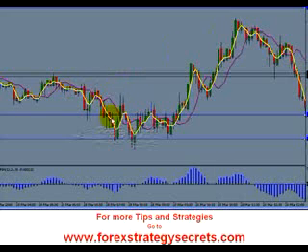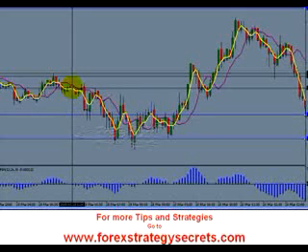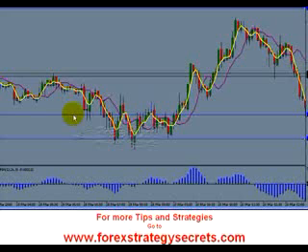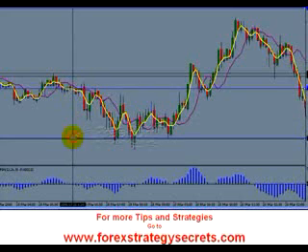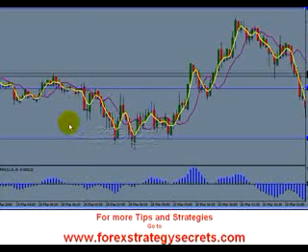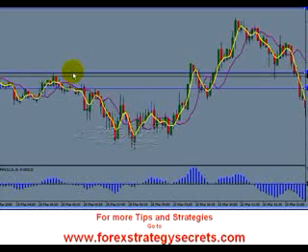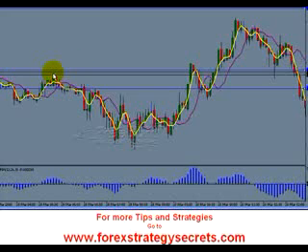Let's take this one. This one's not really a great breakout move, but there are some signals. So the signal would be right in this area right here to put a sell on. So let's move this up to right here for a sell point, and let's move our stop up to 1 pip above plus the spread.